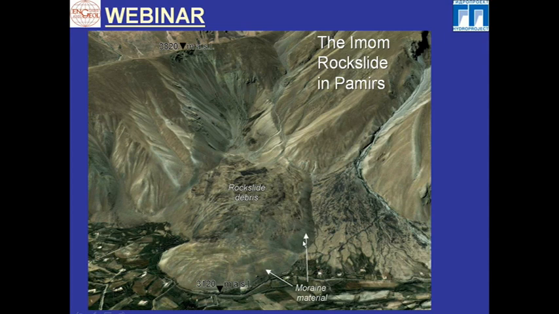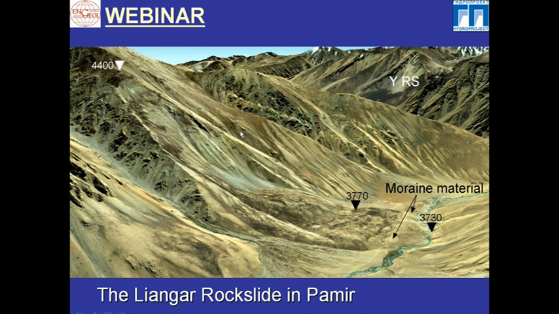Indeed, when we come to the site and look here, this outer belt is composed of rounded, semi-rounded boulders with some debris sandy fill, typical of moraine material. But if we cross it and go in, we will see that all the internal part of this body is composed of crushed gneiss, typical of this ridge. Another example from the same region, the Langar rock slide.